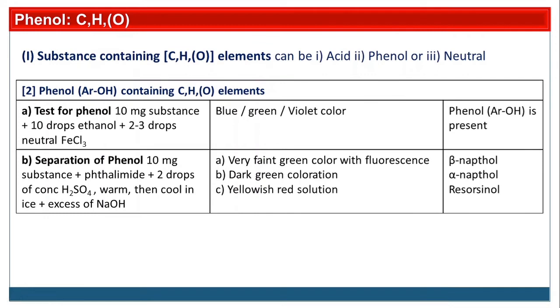In this way you have to perform the practical and observe the color properly, and then conclude with the inference, that is either beta naphthol, alpha naphthol or resorcinol. So this is the reaction with FeCl3. Suppose this is phenol. If you react it with FeCl3, ethanol acts as a solvent.